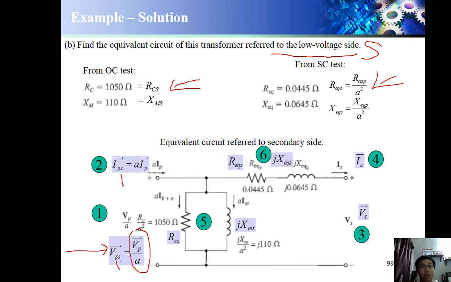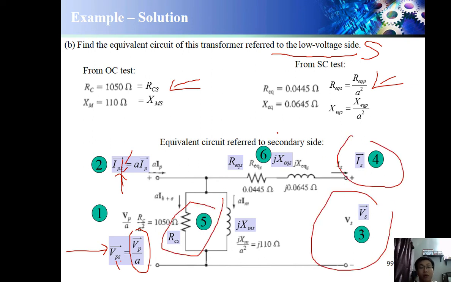We convert the primary voltage to the secondary side. We convert the primary current to the secondary side. Third, we write VS. Fourth, we write IS. Fifth, we write RCS because it refers to the secondary side. And JXMS, and then R equivalent S and JX equivalent S.